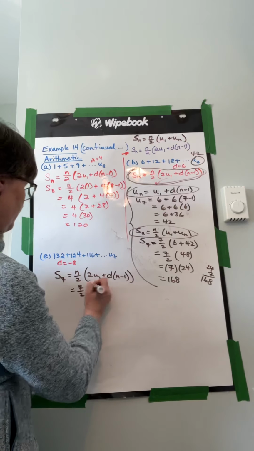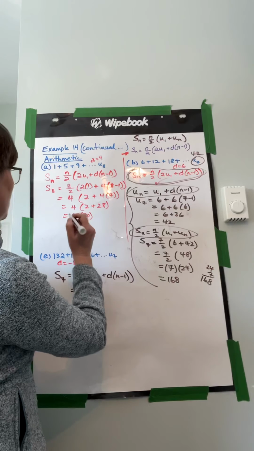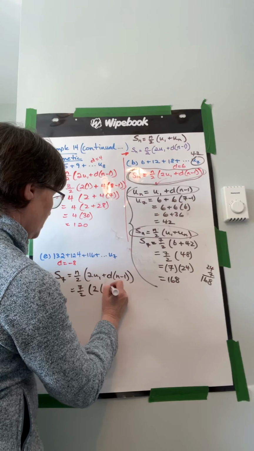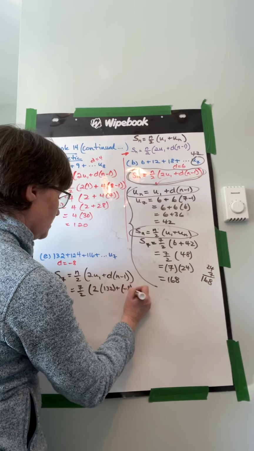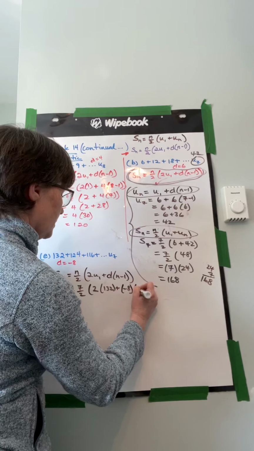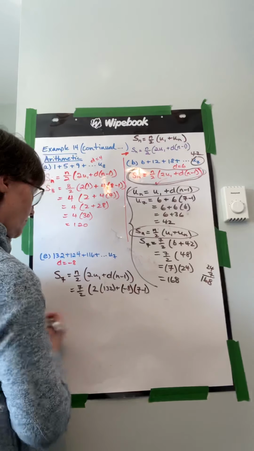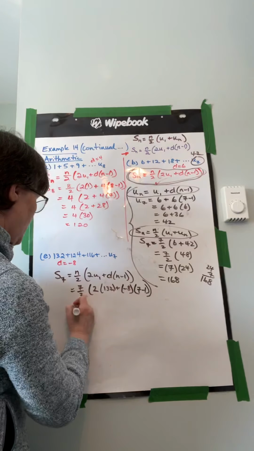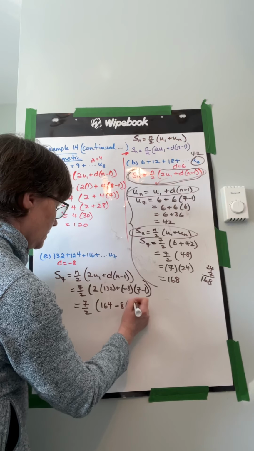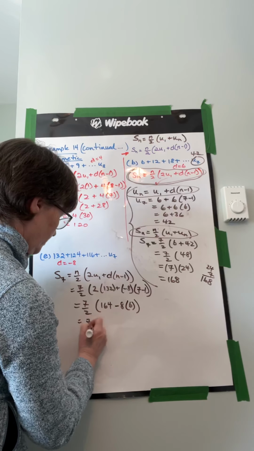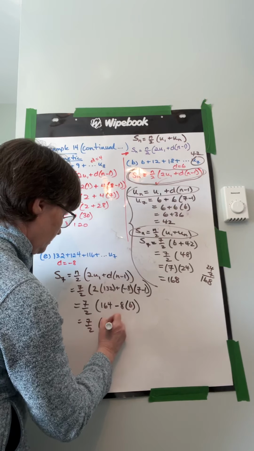Okay, so n is 7. 2 times u1, which is 132, plus d, which is negative 8, times n minus 1, which is 6. Another set of brackets here. Okay, just normal algebra. Negative 8 times 6, minus 48.